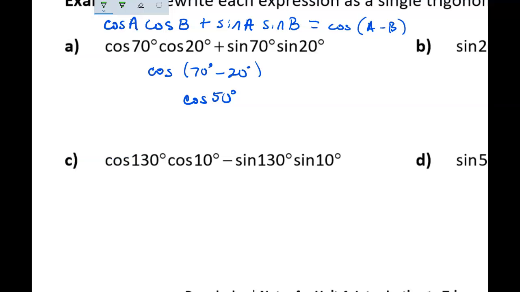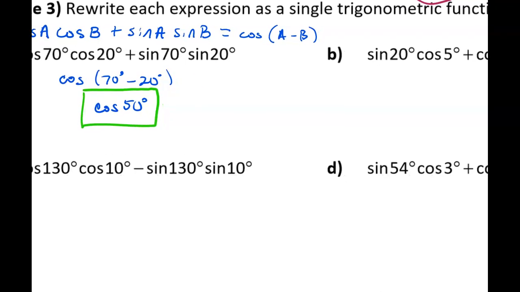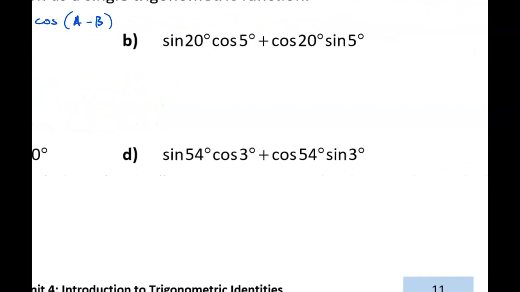Now, that's an expression that we can't evaluate any further without a calculator, and so we're not going to evaluate that. It just simply asks us to rewrite it as a single trigonometric function.